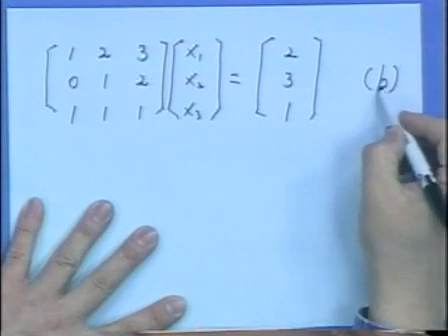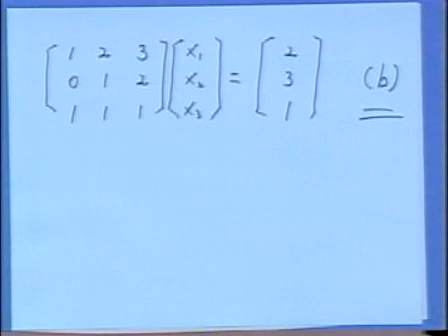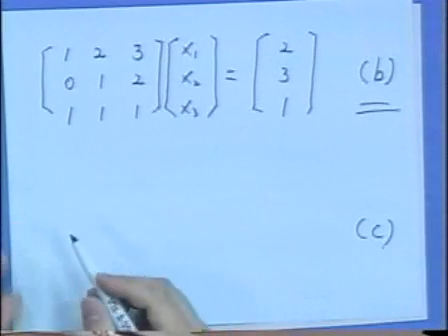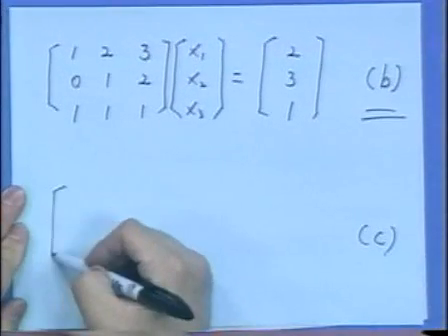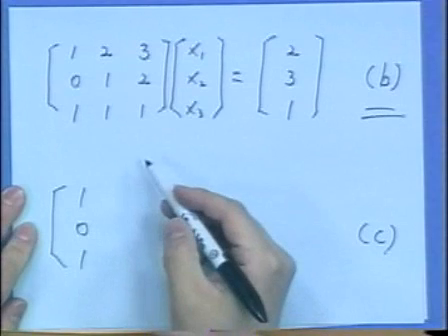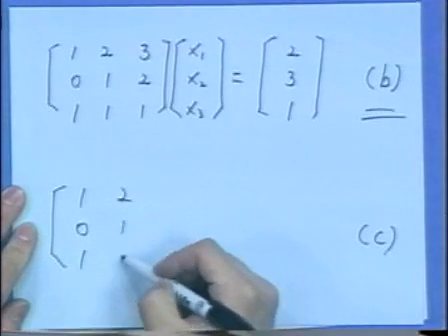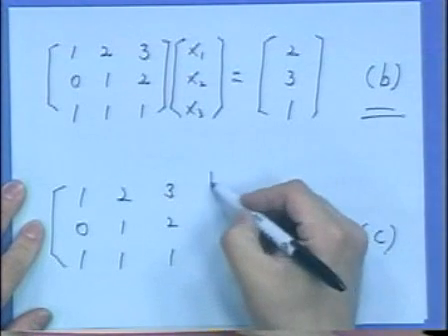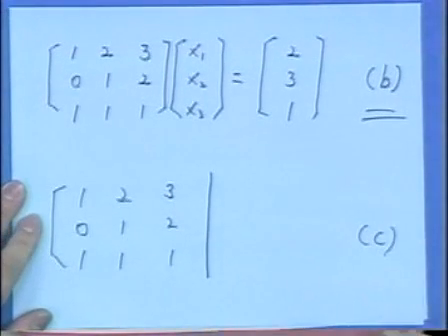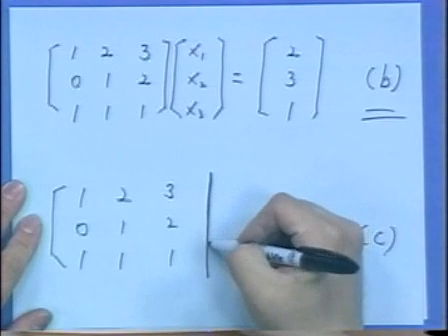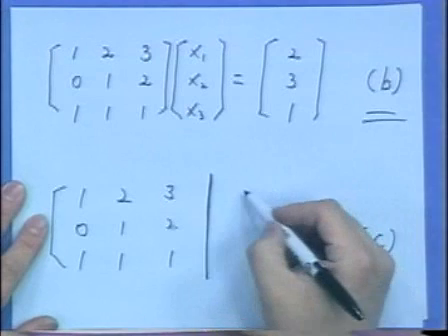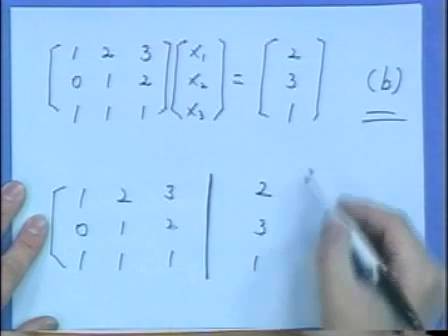So this is the expression B, right? If you want to use the expression C, then it's going to be 0, 1, 0, 1, 0, 1, 2, 1, 1, 3, 2, 1, and then a vertical bar and 2, 3, 1.